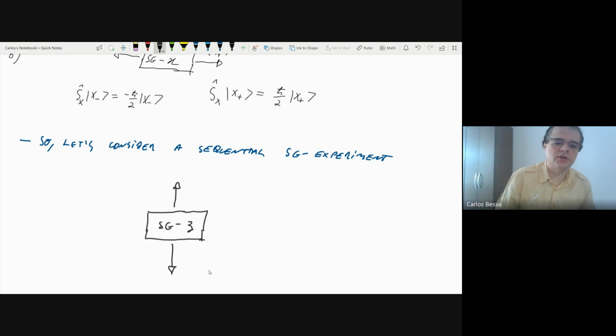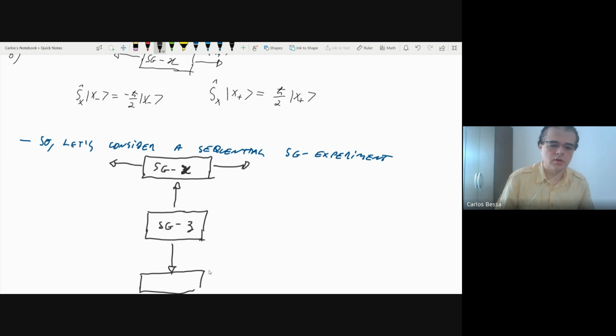And then I'll put another Stern-Gerlach in X. If the atom comes here, it goes to the second Stern-Gerlach and it can go to right or left. And the same here, I could put another Stern-Gerlach with the possibility right or left. Of course, these possibilities are excluded, right?